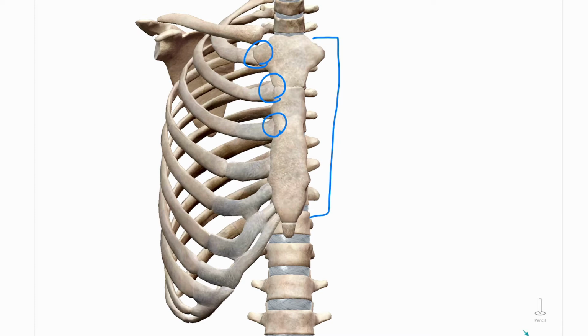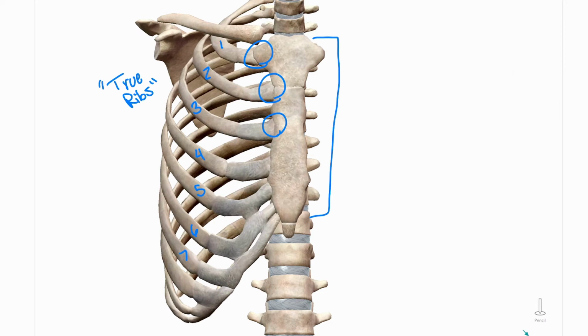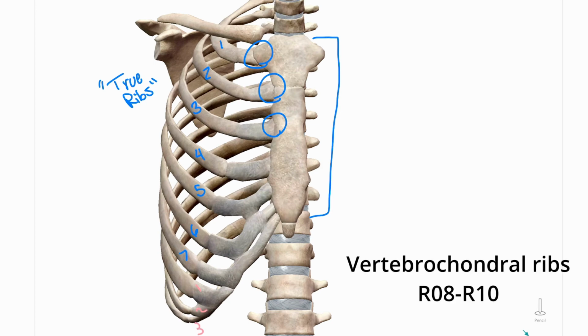The first 7 ribs from top to bottom are known as the vertebrosternal ribs. They're also called the true ribs because they are connected to both the vertebrae and the sternum, hence the name vertebrosternal. These are our most structurally sound ribs. The next 3 down are known as the vertebrochondral ribs or false ribs.